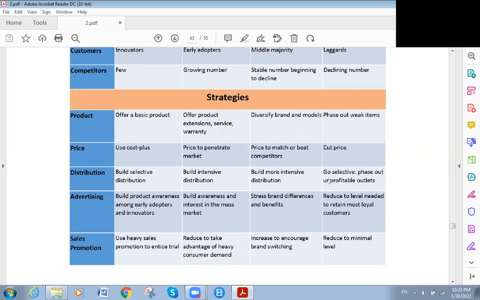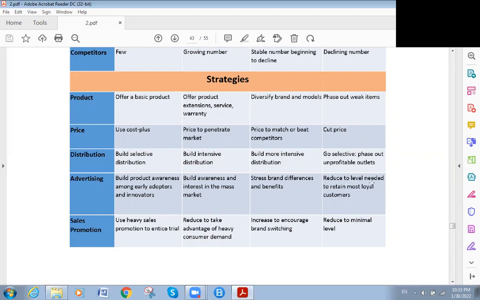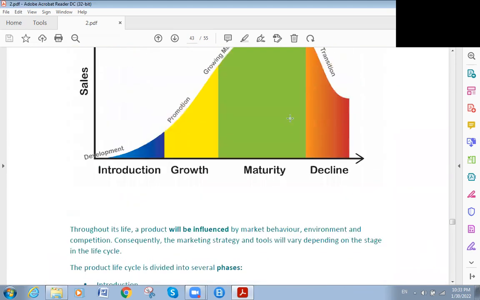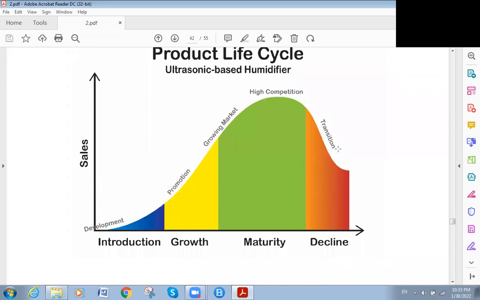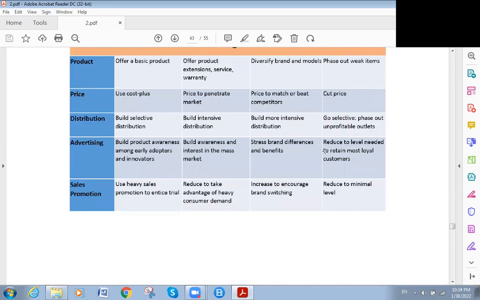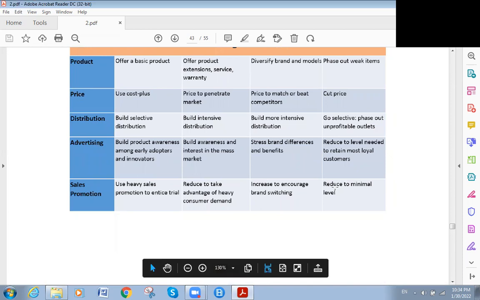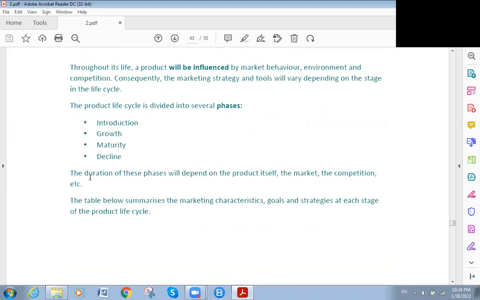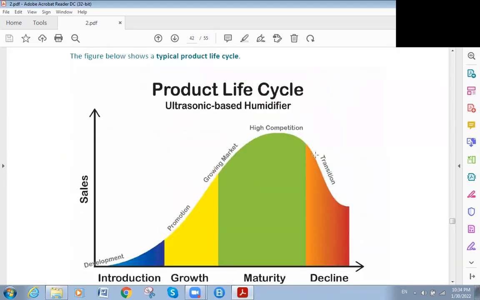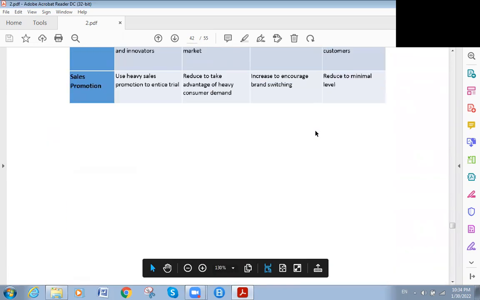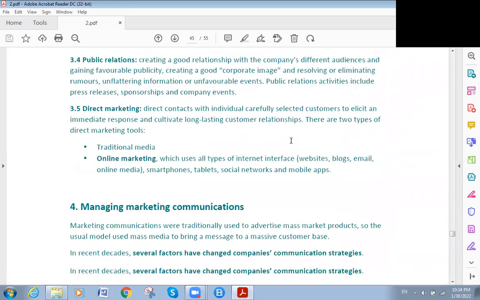Go selective, phase out unprofitable outlets, reduce to the level needed to retain the most loyal customers. So here, you will try to keep your loyal customers. You won't be able to keep all the customers, but you will keep the loyal ones. And the sales promotion, of course, is reduced to a minimum level. Promotion will help you so that the decline is not sharp. However, there will be a time when the promotion will not help you enough.